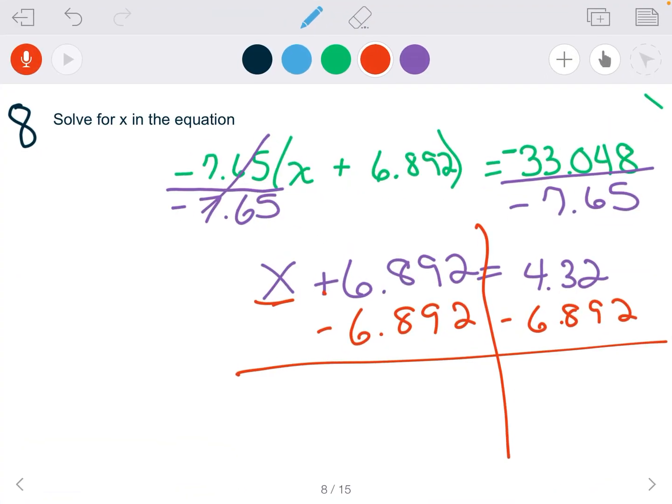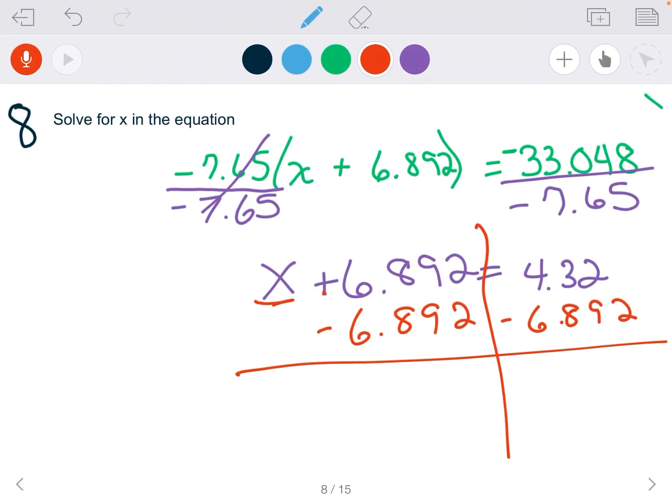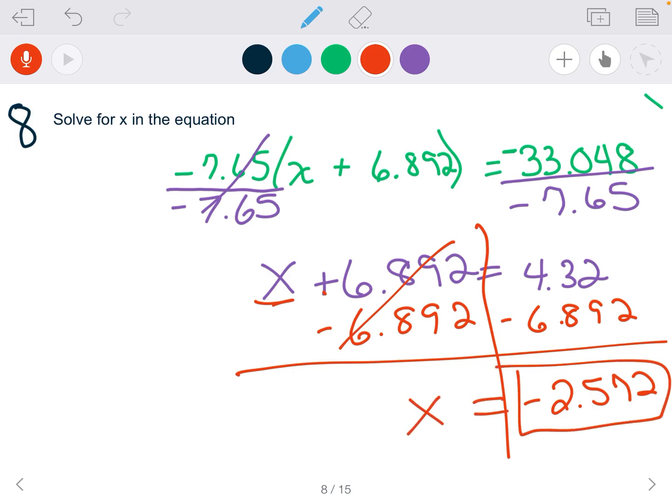I'm getting there with my memory. 6.892. And notice it's giving me a negative 2.572. Don't forget the negative. 2.572 would give me my x. Make sure you put your negative. It's a decimal problem, so your answer needs to be in decimal.